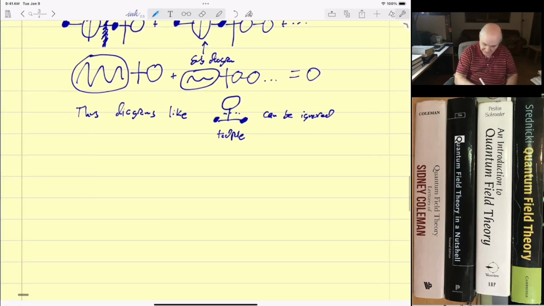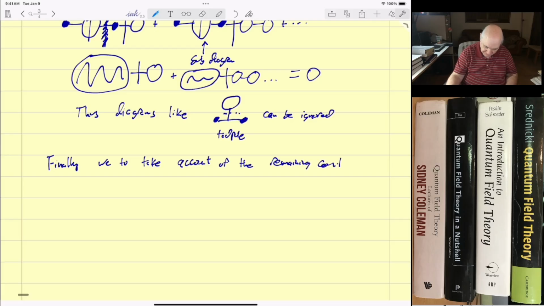So finally, the last thing in this chapter, we have to take account of the remaining counter terms that we haven't discussed yet, and I'll write them down in a second. We define A, this is just a definition, z phi minus 1.